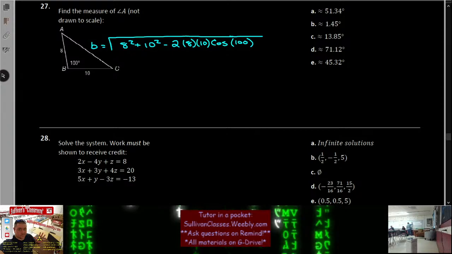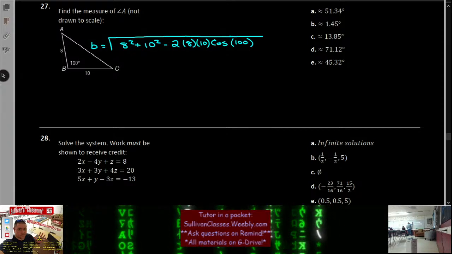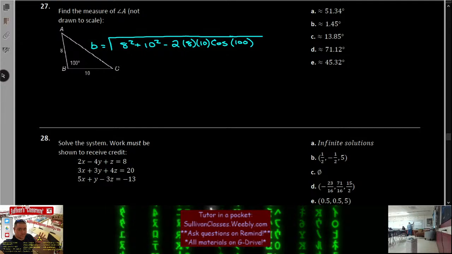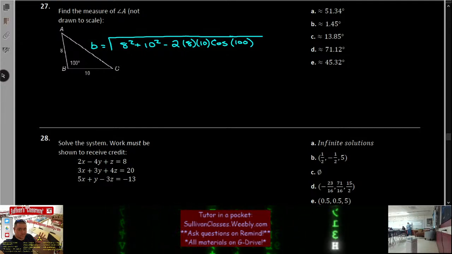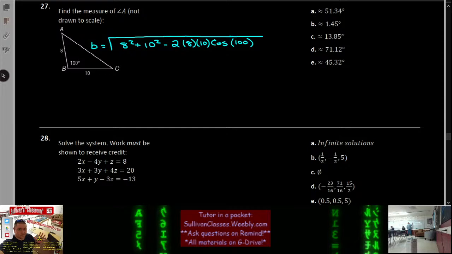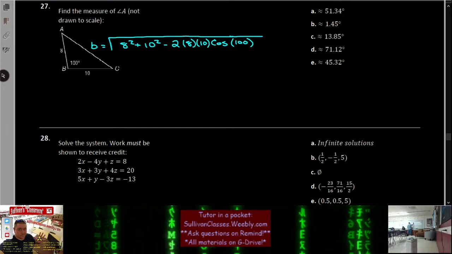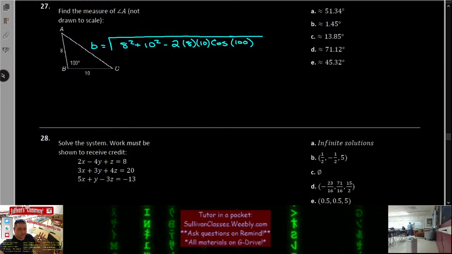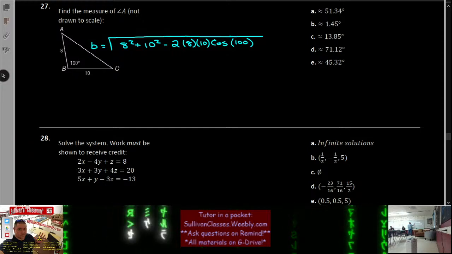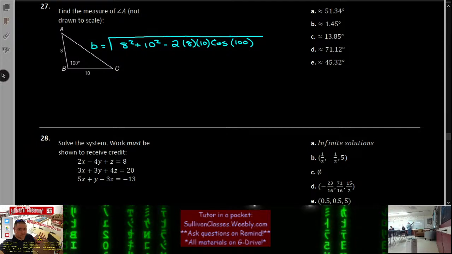Okay, so we had what? A of t is Pert. Then we had our amount in terms of time could also be our principal times 1 plus rate over n, to the t.